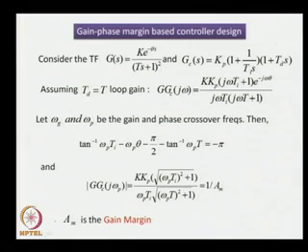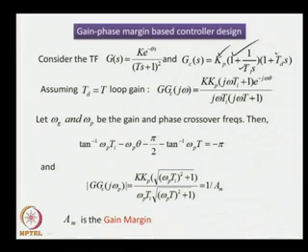So, an attempt will be made first to design a series PID controller based on gain and phase margins. The transfer function shown here, G_C(s), shows a series form of the PID controller, where Kp is the proportional gain, Ti is the integral time constant and Td is the derivative time constant.